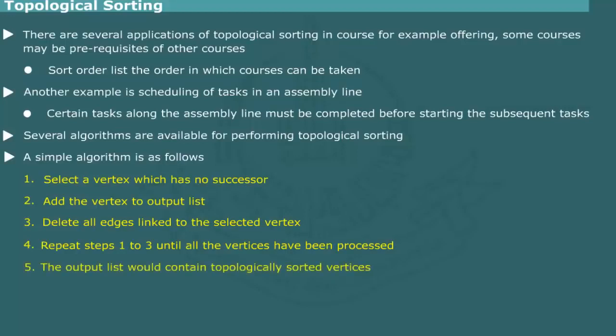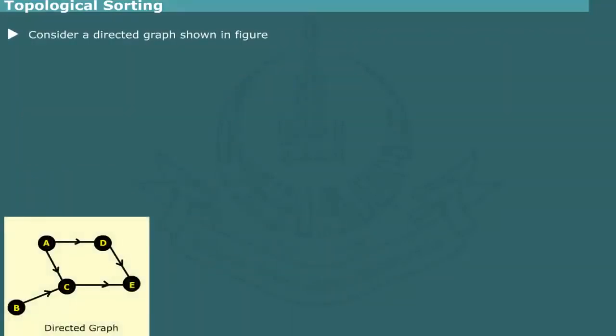The result is a sequence of vertices which would be in topologically sorted order. Consider, for example, the directed graph shown in the figure. Note that it does not contain any cycle. We can apply the preceding algorithm to generate a topologically sorted list of the vertices.